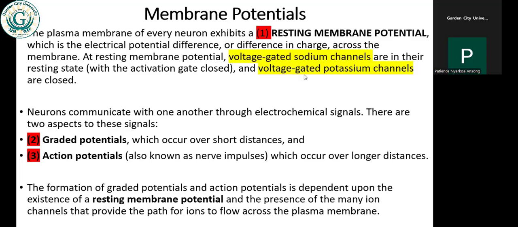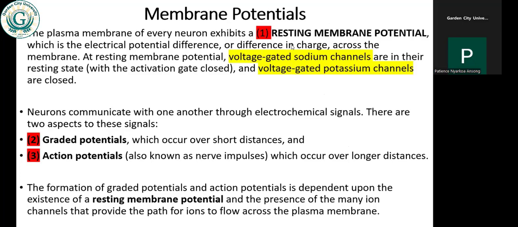And since these are ions, they carry charges. So the differences in charges across the cell membrane will give you a membrane potential. Now, we have the first one, which is the resting membrane potential. And this is the membrane potential that is found across the cell membrane when the cell is at rest.